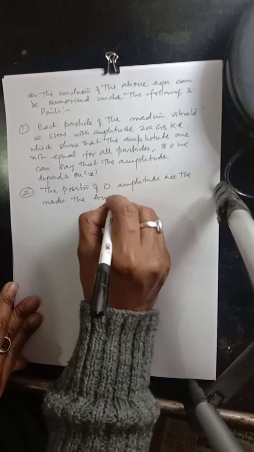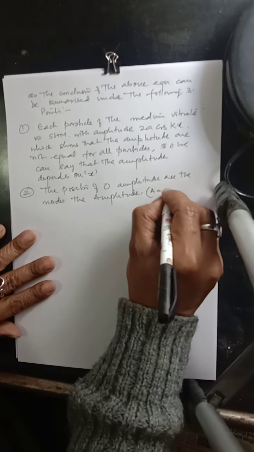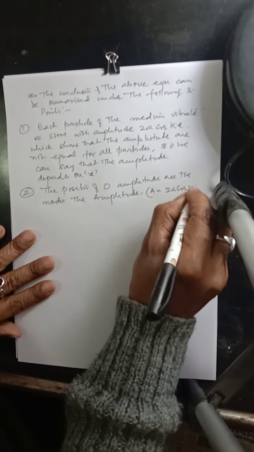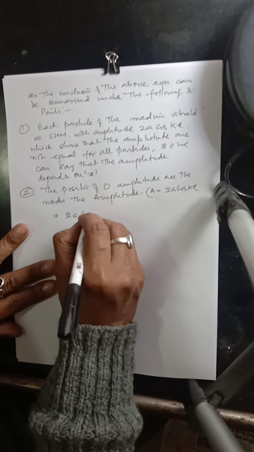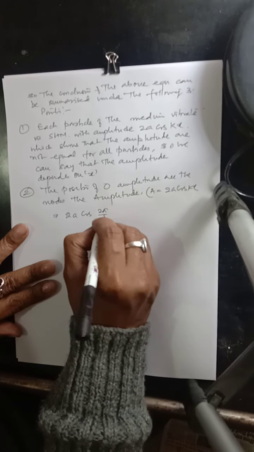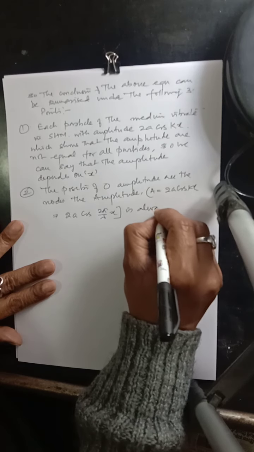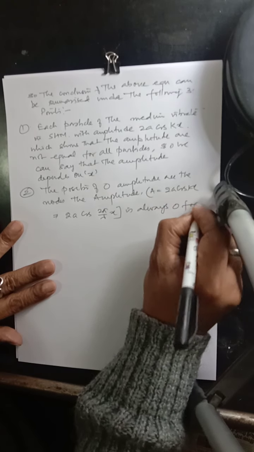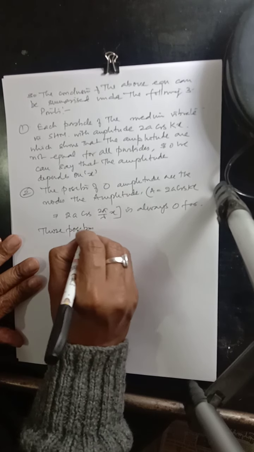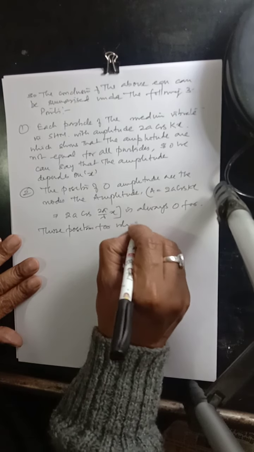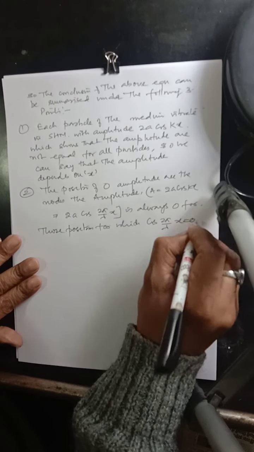The amplitude A prime, which is equal to 2A cos of kx, which is 2A cos of (2 pi by lambda) x, is always 0 for those positions for which cos of (2 pi by lambda) x is equal to 0.